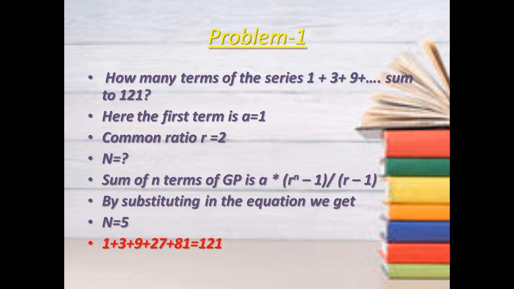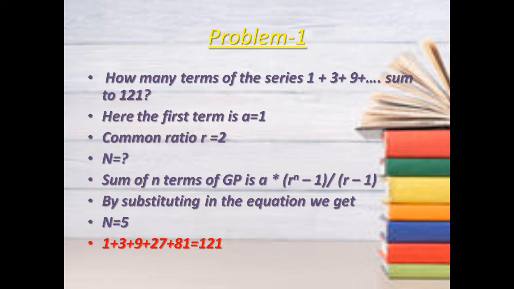Therefore the common ratio is 3. We must find what is n. The sum of n terms of a GP is A into R to the power n minus 1 divided by R minus 1. This is the given formula. By substituting the given values in the equation, we get that n is equal to 5.